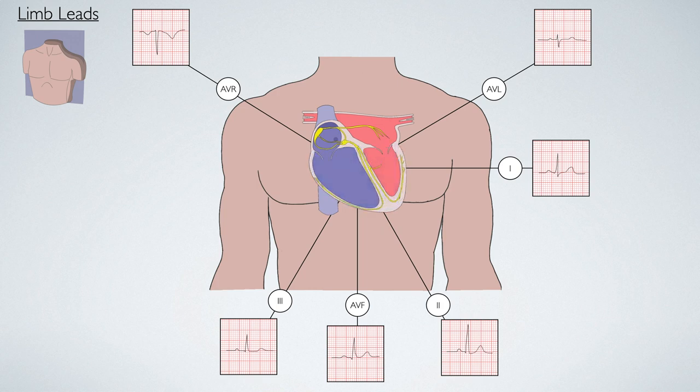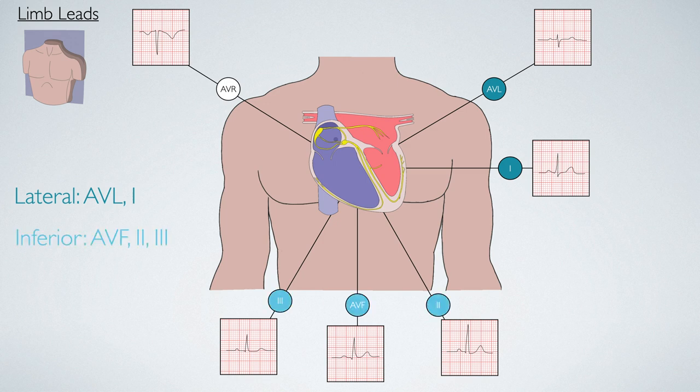Similar to the precordial leads, the limb leads can be grouped based on the location of the heart that they view. AVL and lead 1 provide lateral views of the heart, and leads 2, 3 and AVF provide an inferior view looking at the heart from below.